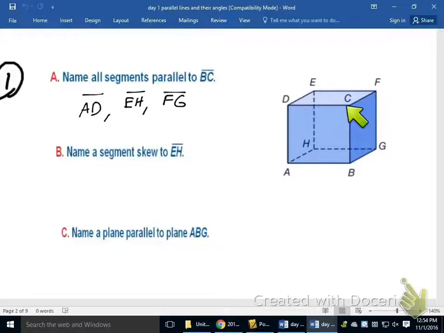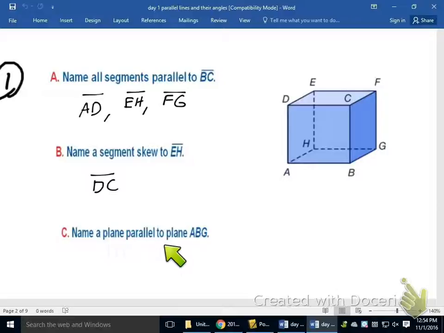It's on a different plane, it never intersects EH, and it's not parallel to it because it's not coplanar. So segment DC would be a possible answer here. You could come up with a lot of them. An incorrect one would be segment DA. That's actually parallel to segment EH. But you could say segment DB would be skew to segment EH. So skew being that they are not on the same plane.